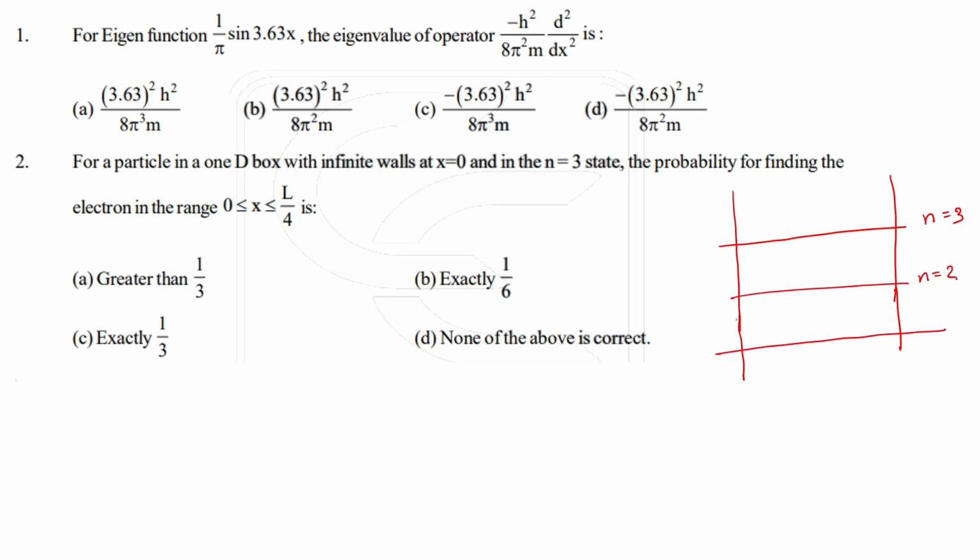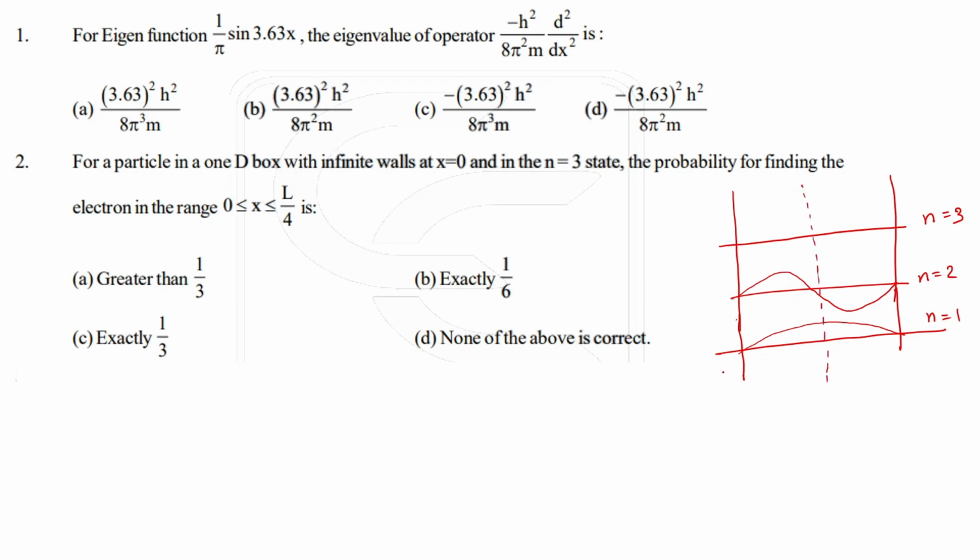N equals to 2 and the minimum would have been n equals to 1 because for particle in a box there is nothing like n equals to 0, right? So n equals to 1 looks like this, has no nodes. N equals to 2 actually has a node here at L by 2.